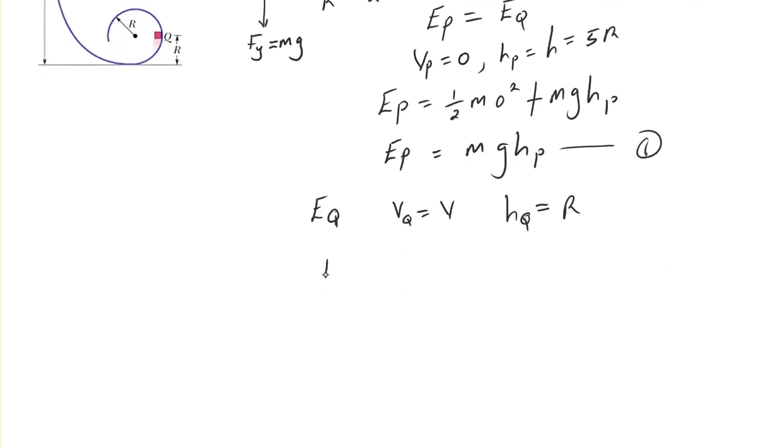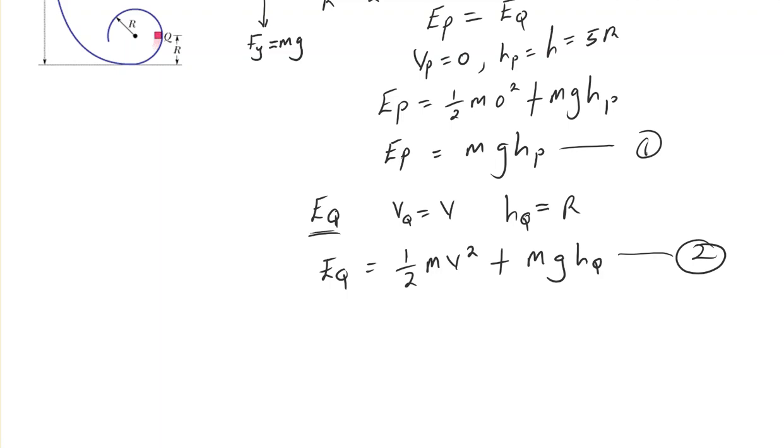So EQ will be equal to the kinetic energy at point Q, which is 1/2 mv squared, plus the potential energy there, which is mg HQ. Call this equation 2.